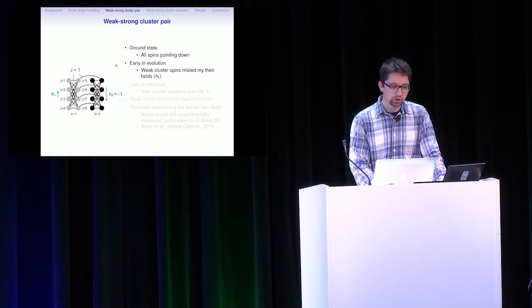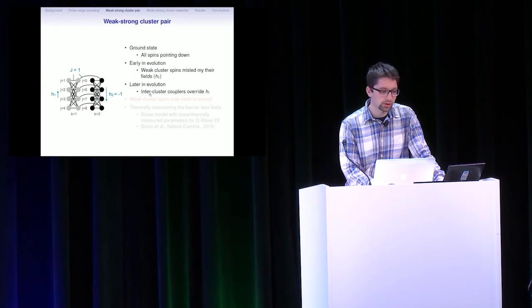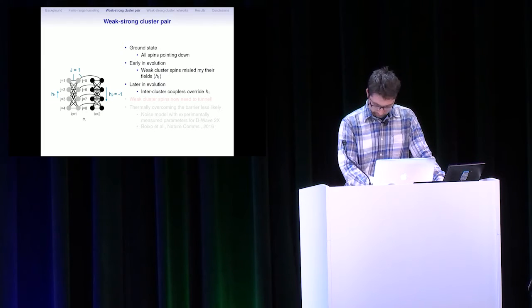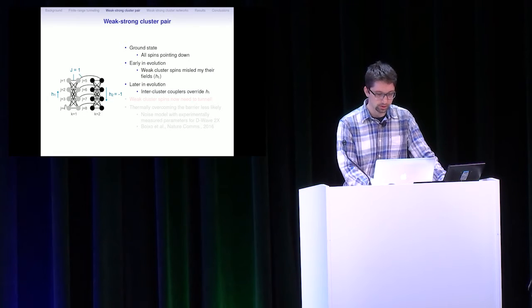But early in the evolution, the weak cluster spins are misled by their fields because their fields are positive, so they're pushing those spins to be pointing up, which is the wrong direction for the ground state. Later in the evolution, however, the intercluster couplings, these guys, start to override local fields. But by that time, it's already too late because the weak spins have started, as I said, orienting themselves up instead of down.